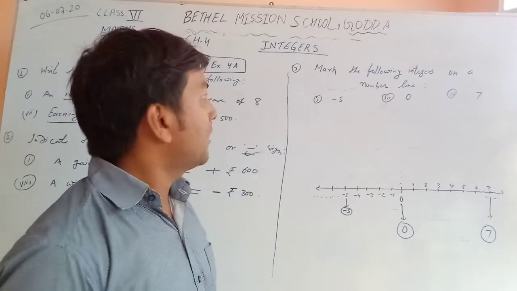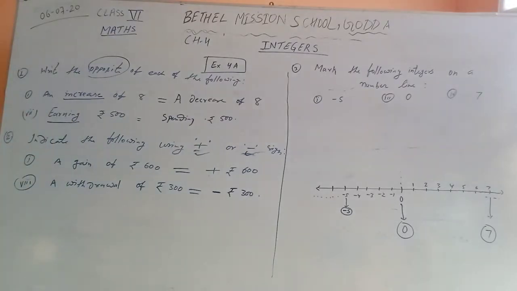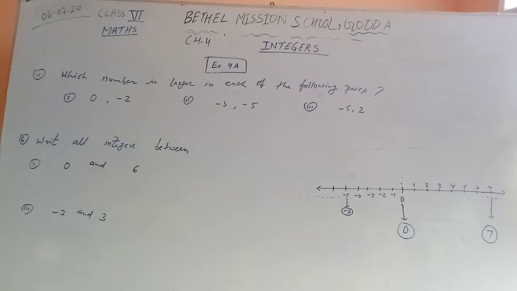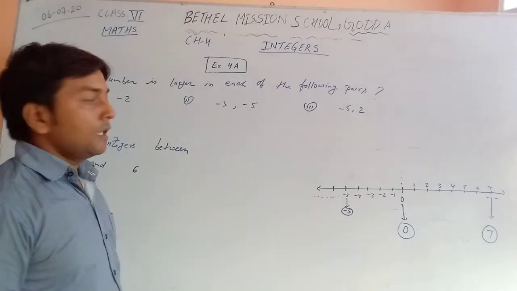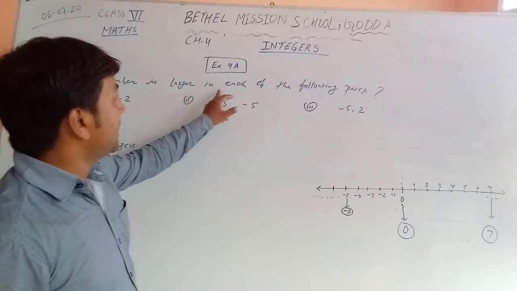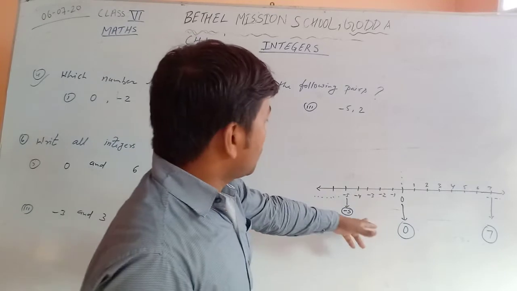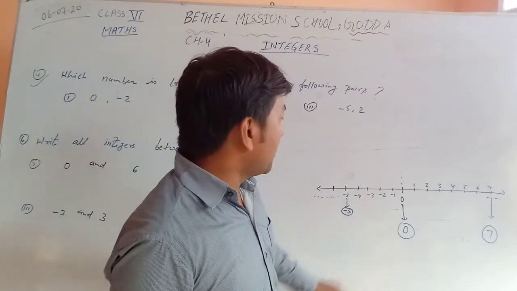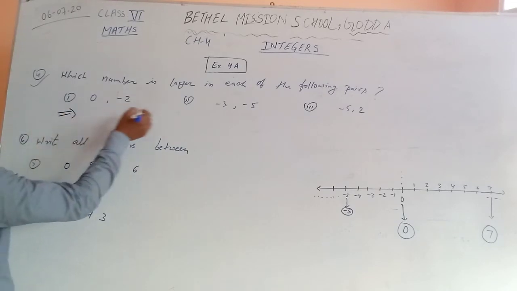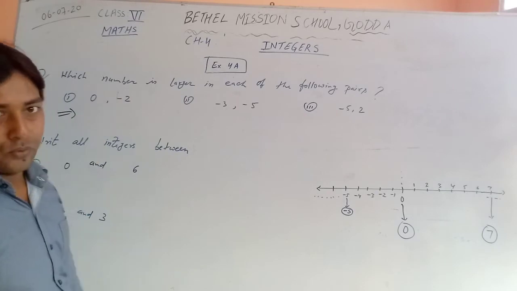Now I solve the fourth question. Which number is larger in each of the following pairs? I have just shown you on the number line. The question says which is larger, 0 or -2.